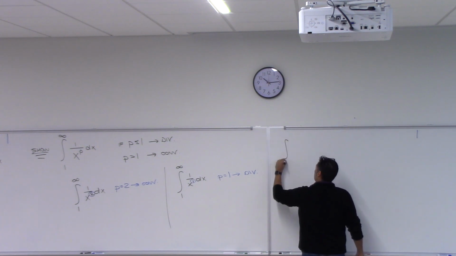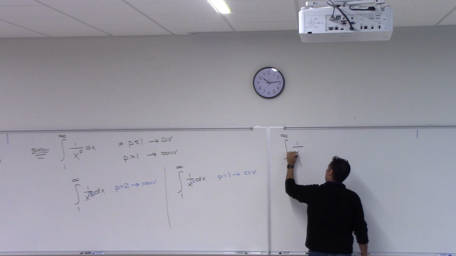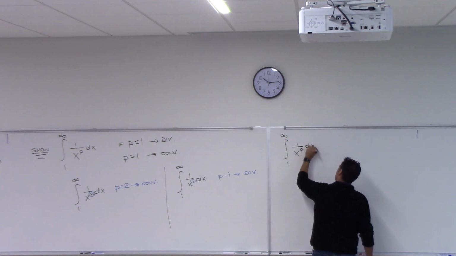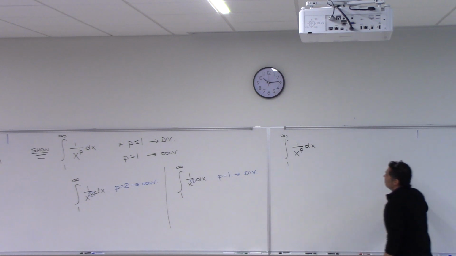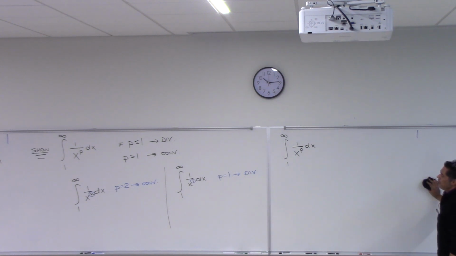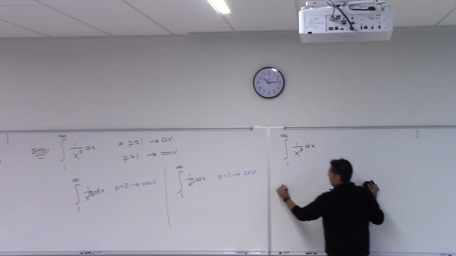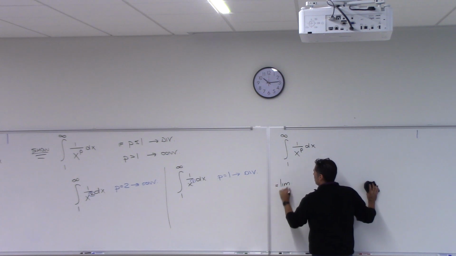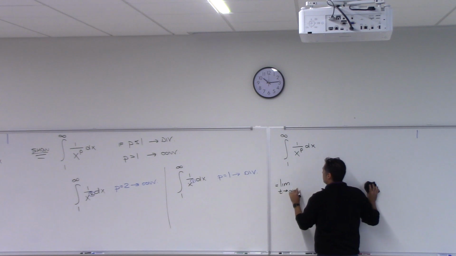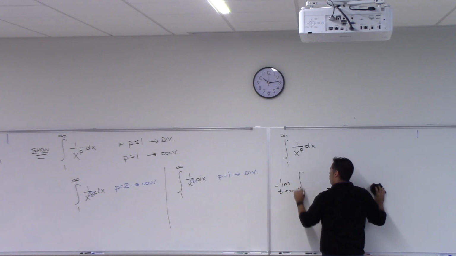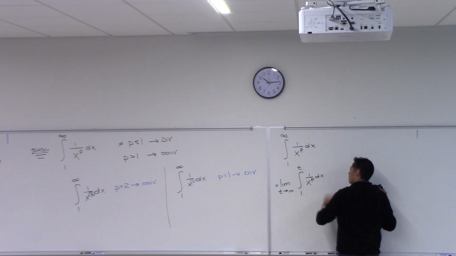Let's do the integral from 1 to infinity of 1 over x to the p dx. This, just by the definition, is the limit as t goes to infinity of the integral from 1 to t of 1 over x to the p dx.